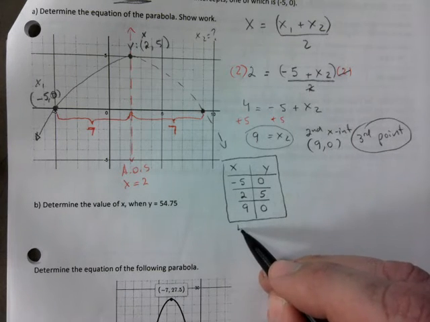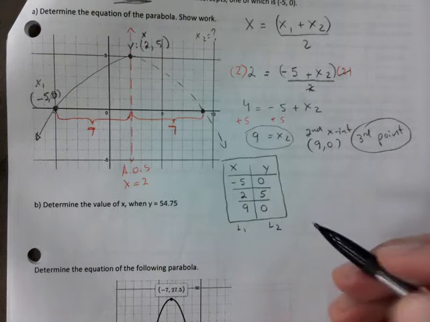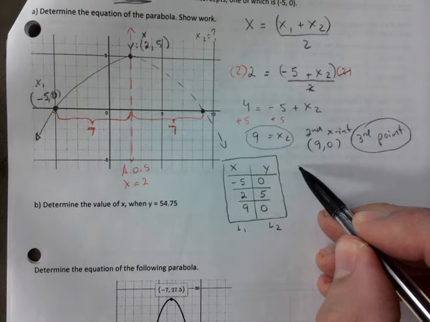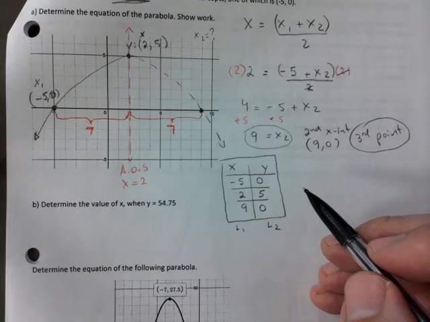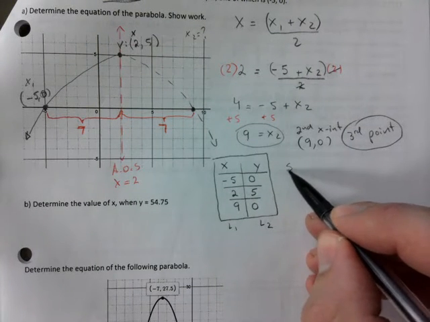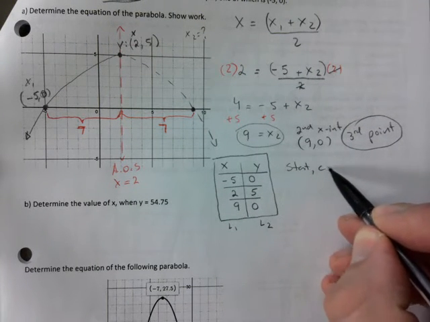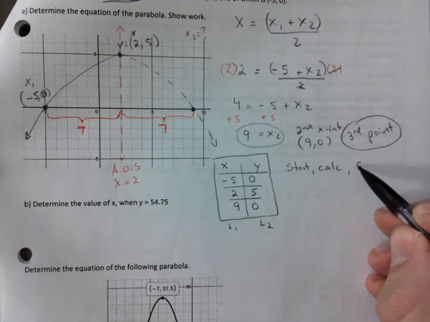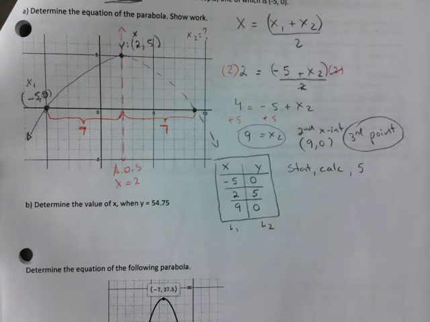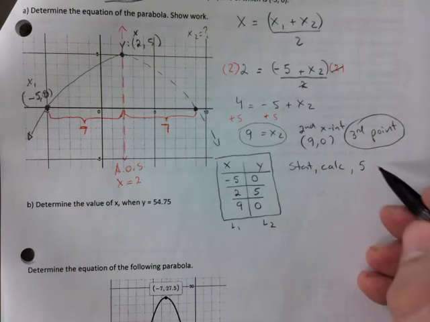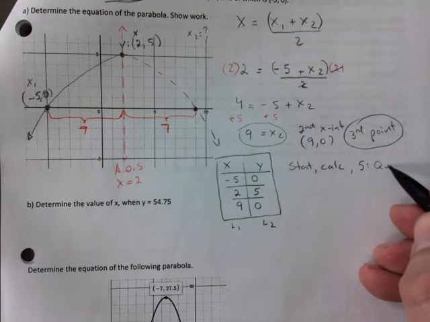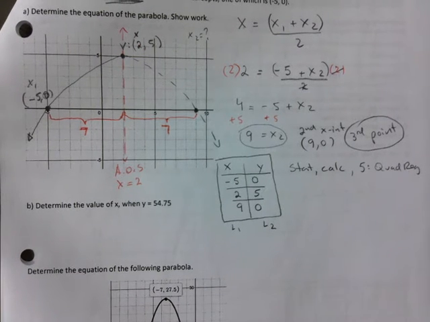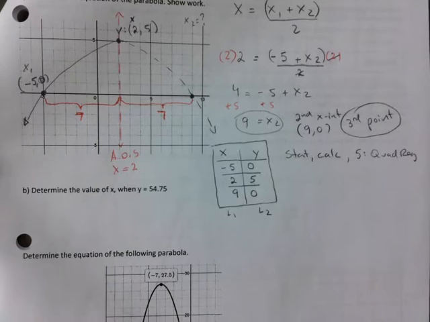And so we type the x-values into L1 and the y-values into L2. Stat, calc, 5. You're like, 5? Where does that come from? That's QuadReg, okay?